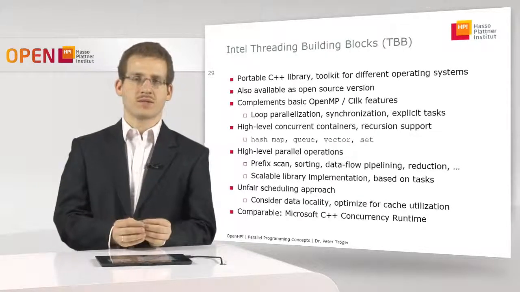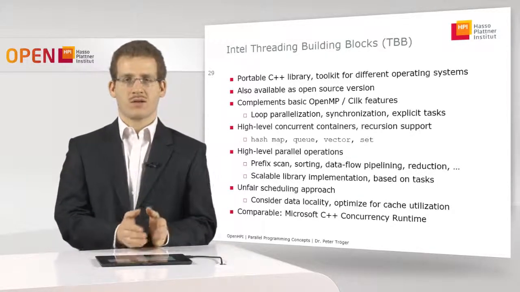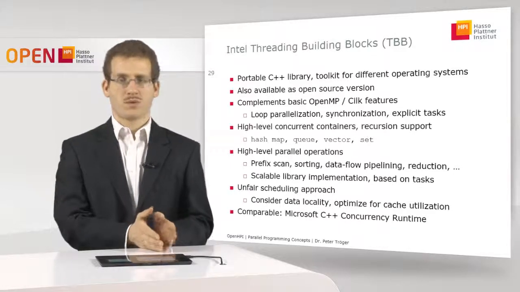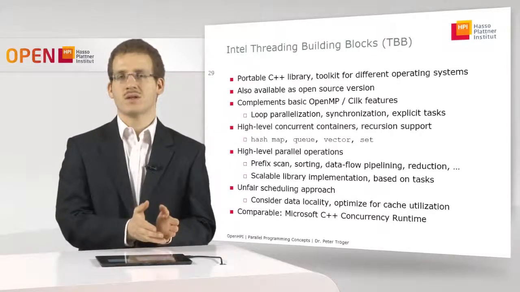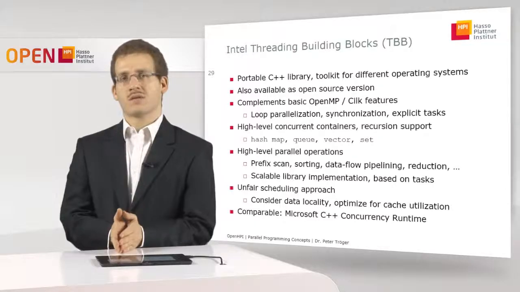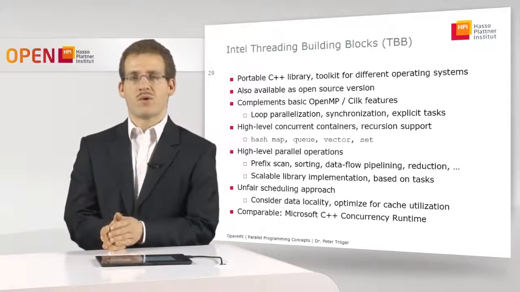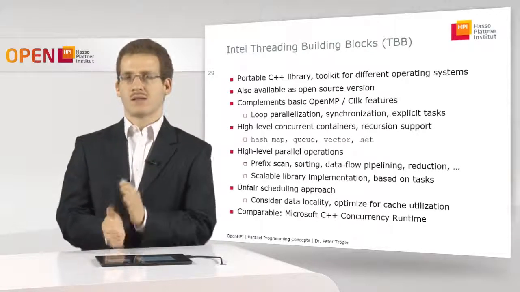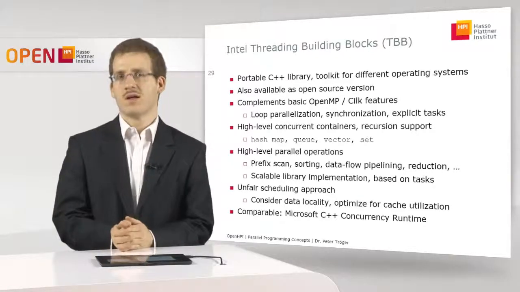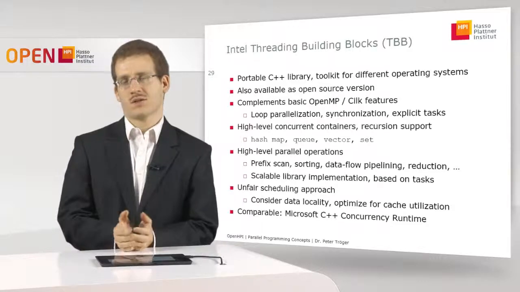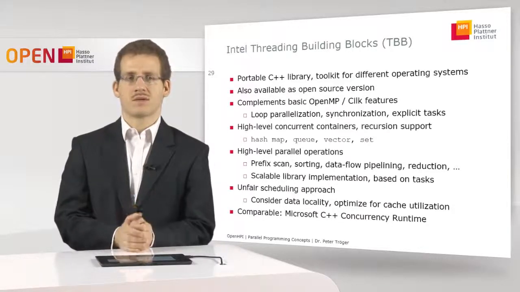So unfair scheduling means that instead of the operating system approach where all processes and threads are treated equally, we now get into a solution where we want to explicitly deal with the memory wall problem by aligning the scheduling of tasks to threads according to caching issues and other optimization criteria.